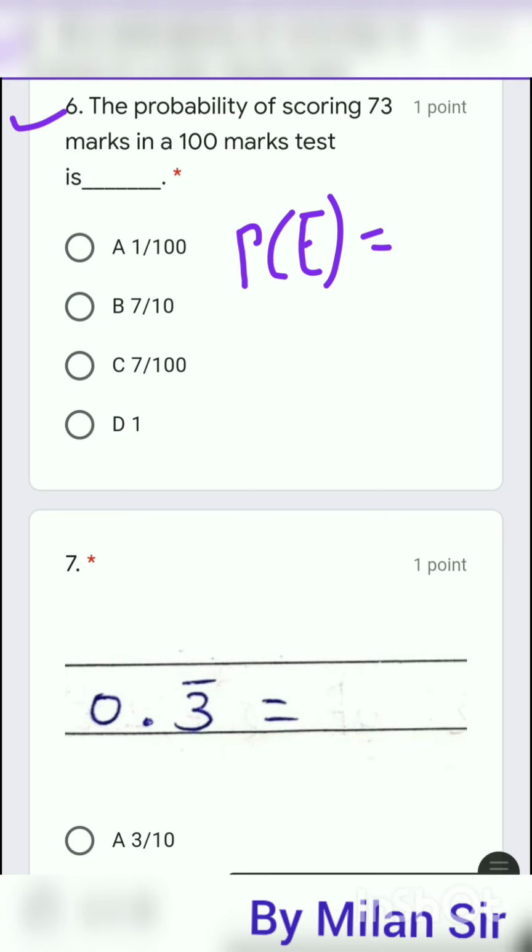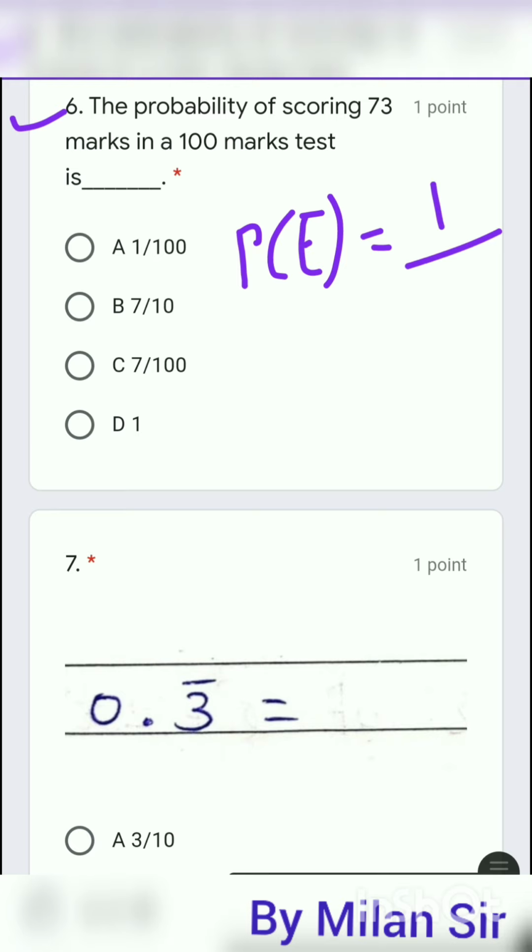Total how many marks are there, so total how many possibilities are there for 73 marks. First of all we just need to check how many times 73 will come. Here our numerator is 73. Sorry, the numerator is only 1 because only 1 time 73 is there, right?